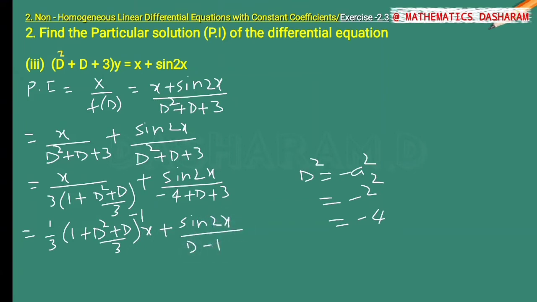Now to get the D square in the denominator, we need to multiply with D plus 1 and divide with D plus 1. So here we have to apply one formula, that is 1 plus D whole power minus 1 equals 1 minus D plus D square minus D cube plus dash.